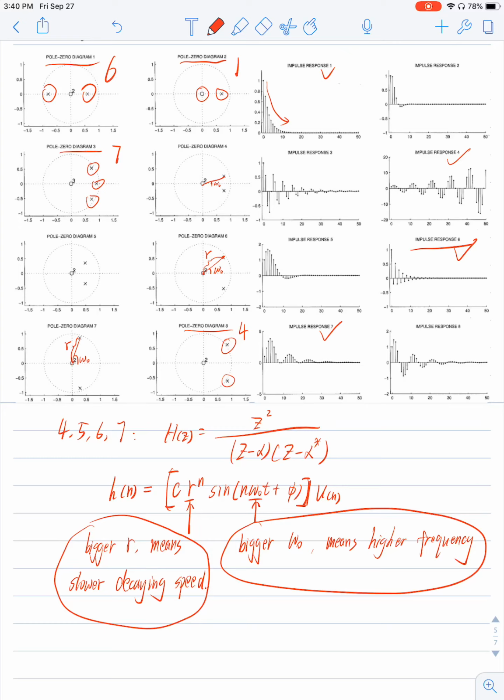The corresponding impulse responses are 3 for diagram 7, and 5 for diagram 4.